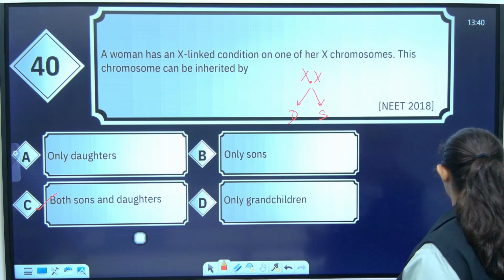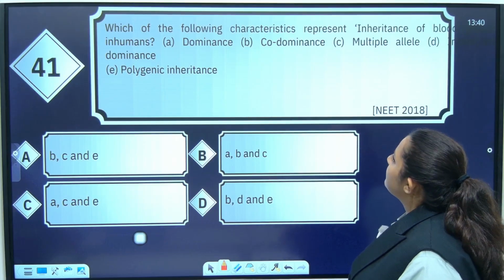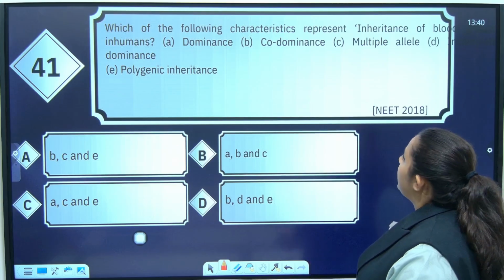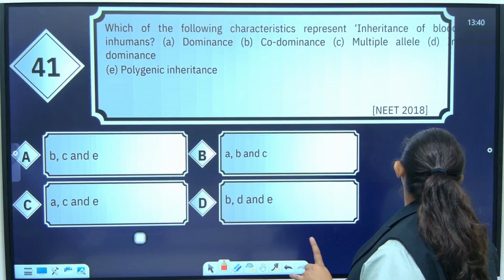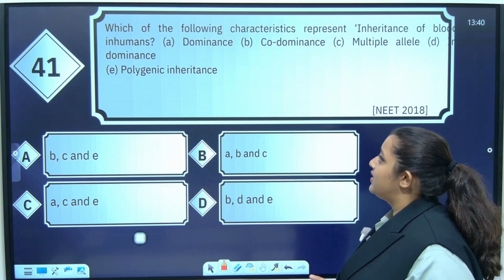Option C. Next one, which of the following characters represent inheritance of blood groups in humans? Dominance, codominance, multiple alleles, incomplete dominance, and polygenic inheritance.